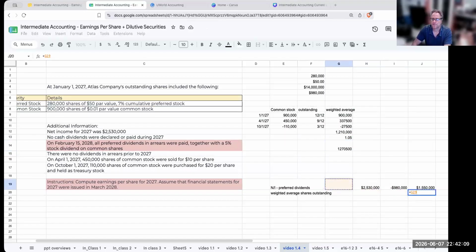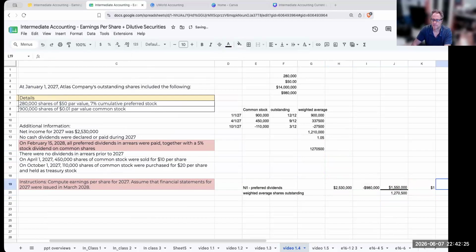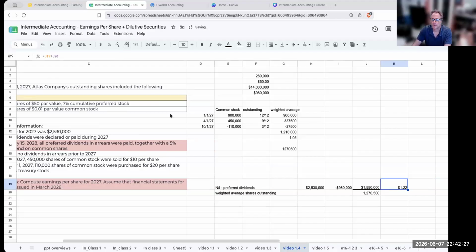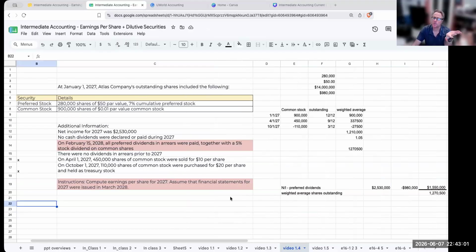So here, 1.27 million, 1,270,500. And so my earnings per share is going to be $1.22. It's actually $1.22. Shocking. And let me do one thing real quick, so I'm not misleading you. Okay, so that's how we do this one for Atlas Corporation.